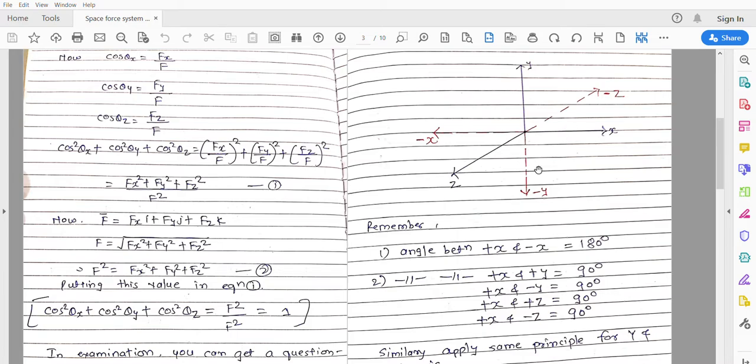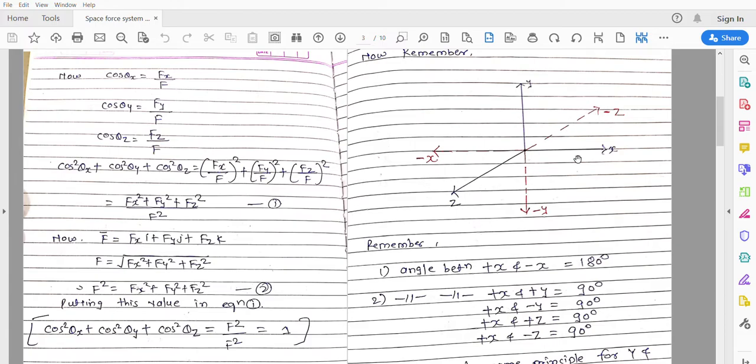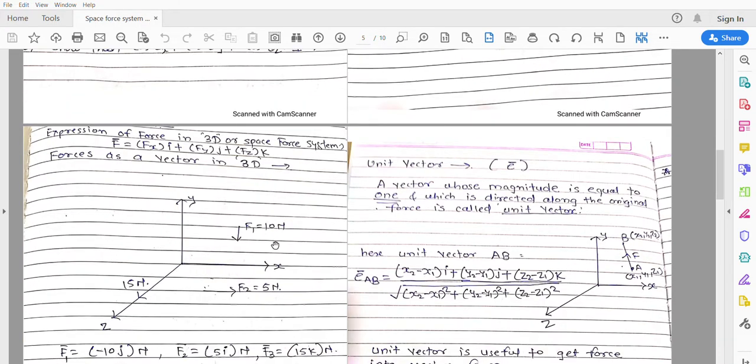So positive x, negative y, we know it is 90. Positive x, negative z, positive x, positive z, positive x, positive y is 90 degrees. You need to imagine these figures in three dimensions, and then only you can understand it better. So remember this particular principle.